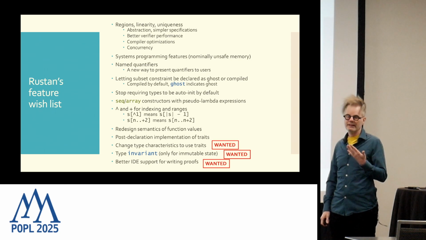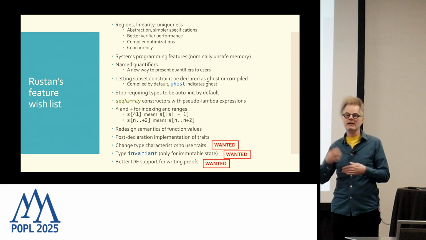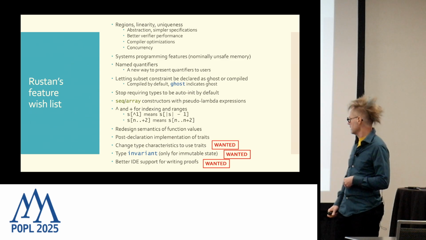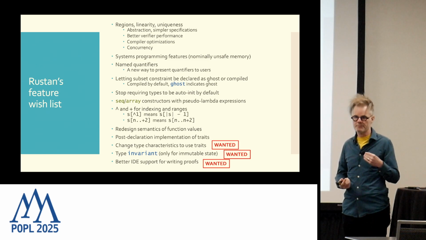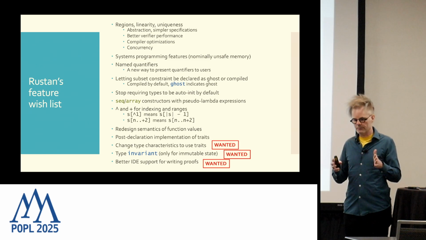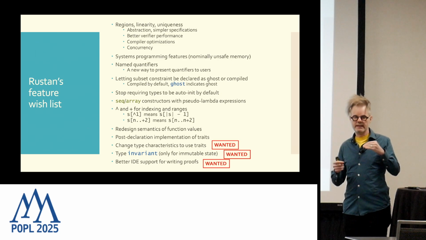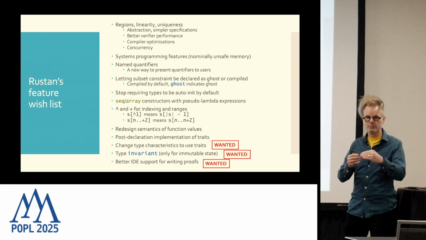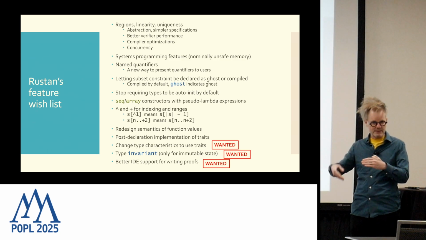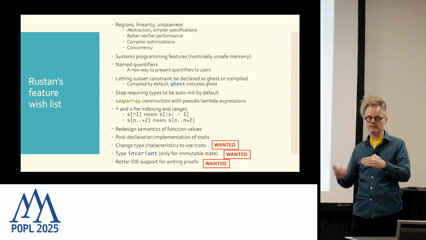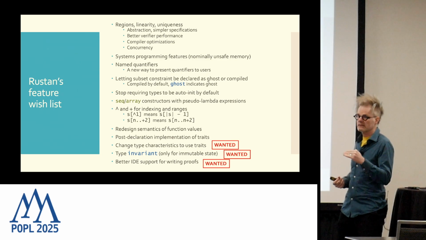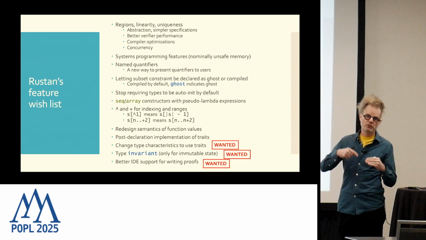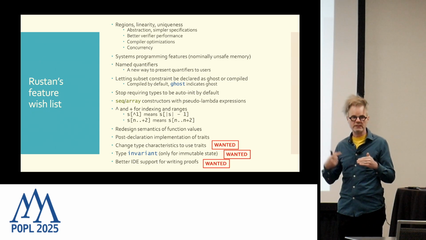And I haven't talked much about IDE support. There are a lot of things that we could put into the IDE that's not there. But I think IDE support for writing proofs is something that would be nice. Many people request that they want to see the proof context. Well, the proof context is implicit in the data flow and in the control flow of a Dafny program, up until some point where you start using functions and unrolling them and so forth.